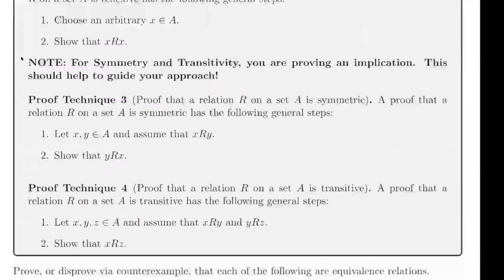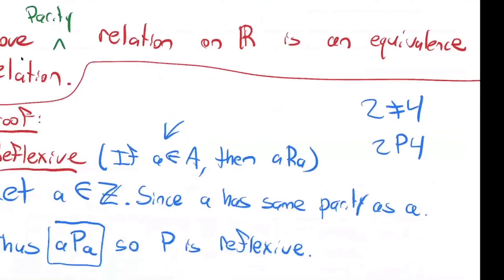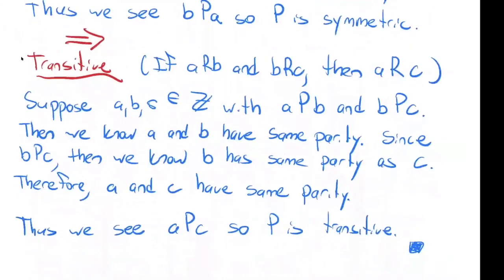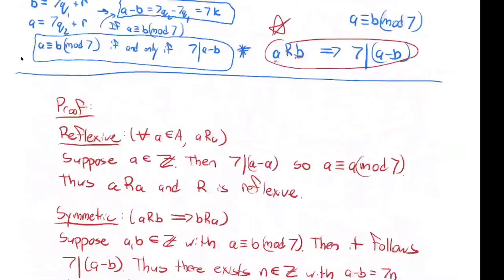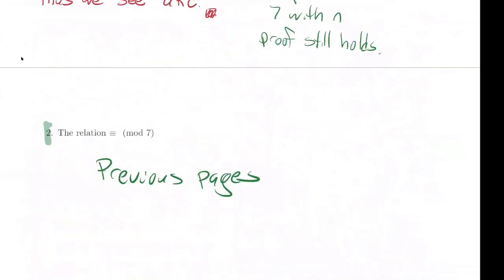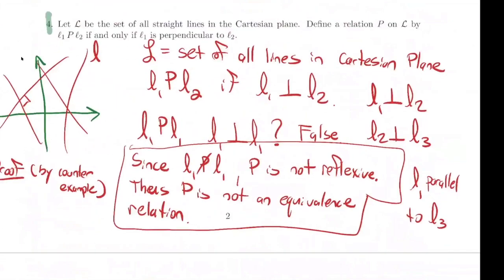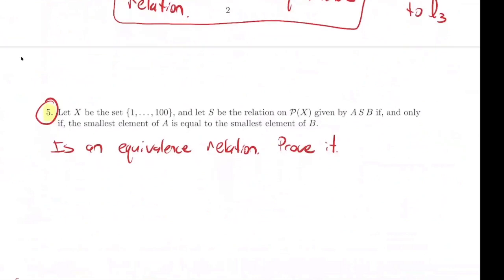So last time, let's see where we were. We proved the parity relationship. We did the mod relationship. And we talked about the perpendicular lines not being a relation.